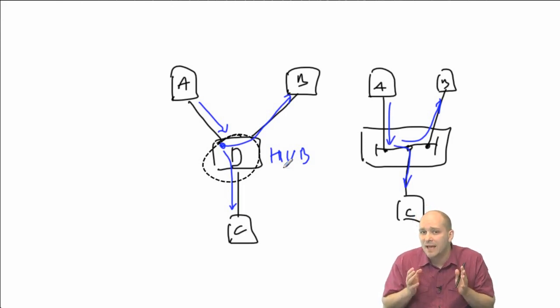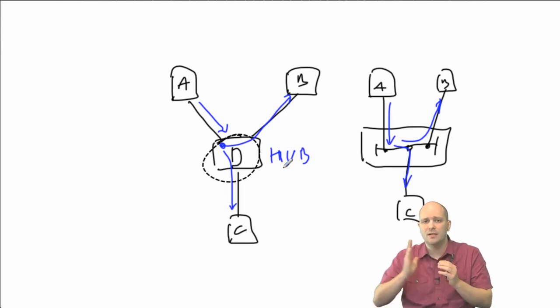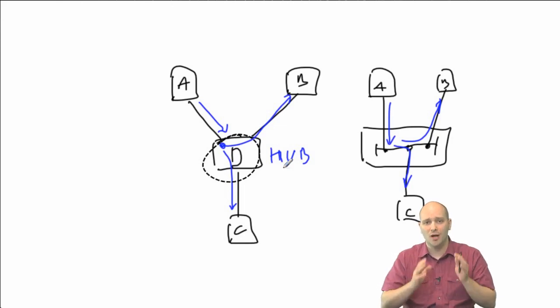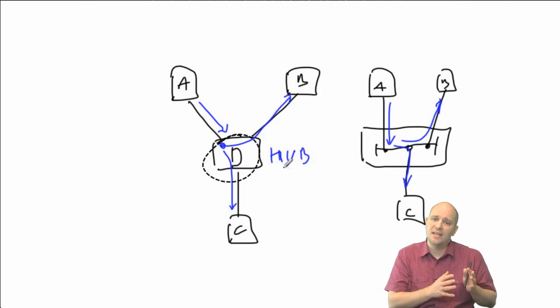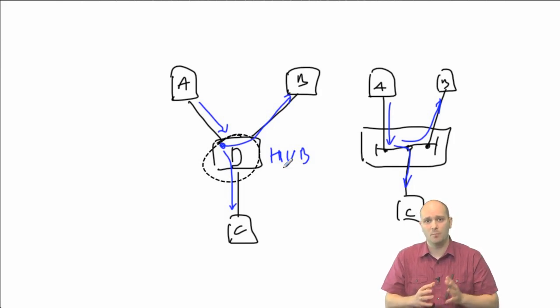We needed something else, something to break this collision domain apart, to allow multiple stations to transmit at the same time. This is where bridges came into play. Bridges are designed to break up collision domains, to allow for the increase of traffic between different stations that may be in different collision domains.